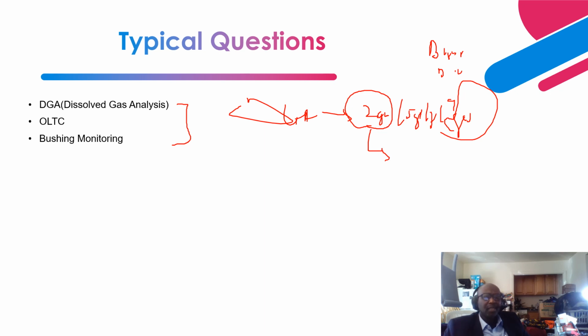Basically, in addition to these 2 gas, 5 gas, 7 gas, you also have monitoring of your moisture level, right? We have different vendors that can install that. It can be installed as part of the equipment selection and manufacturing stage during the manufacturing of the transformer, or it can be added as an add-on if the transformer is already in service.